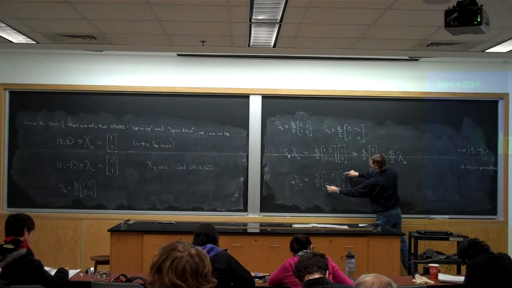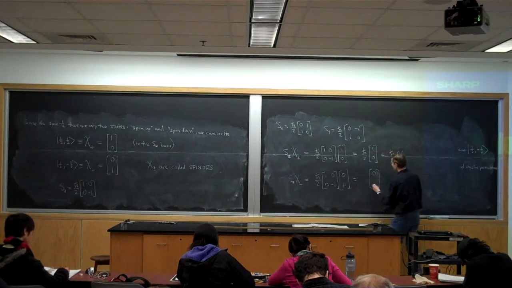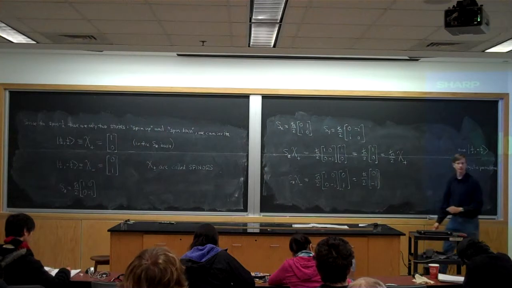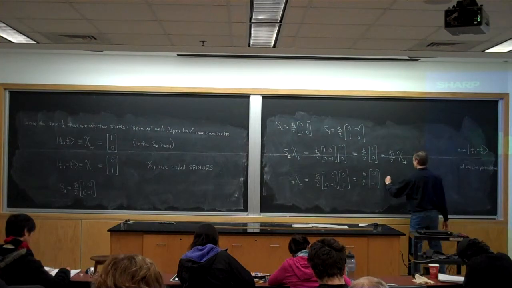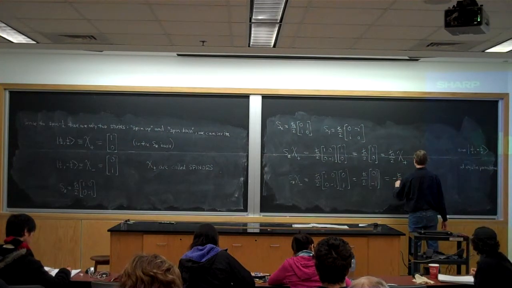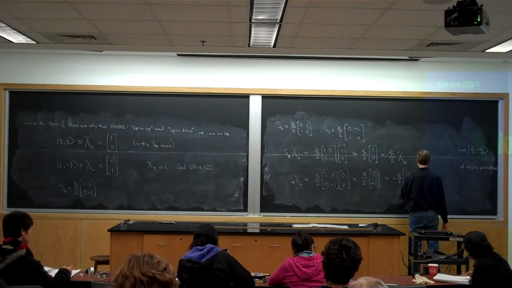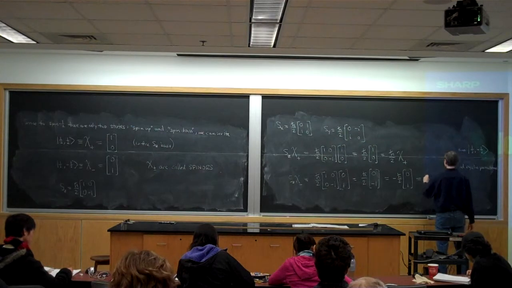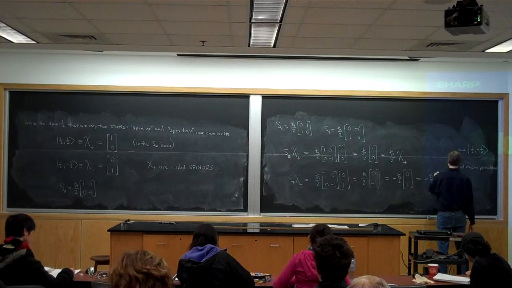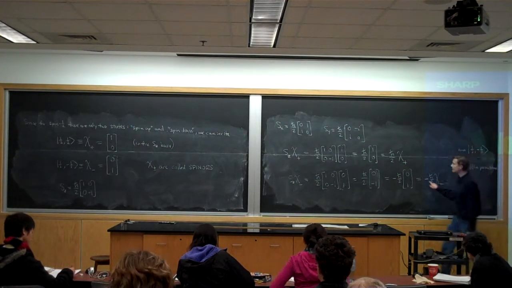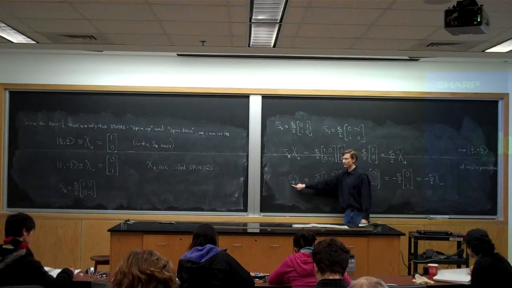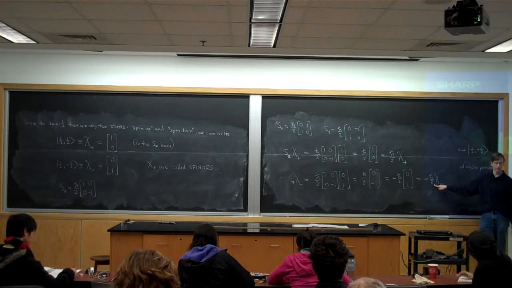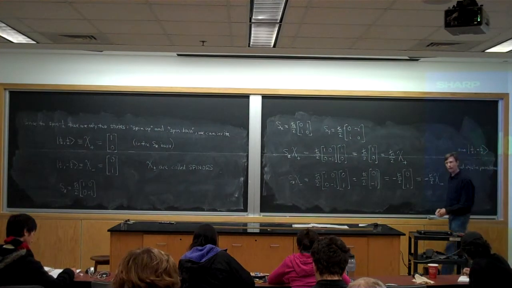The bottom component is 0 times 0 plus 1 times minus 1, or minus 1. So I get h bar over 2 times (0, -1), but that is minus h bar over 2 times (0, 1), and that is minus h bar over 2 times chi minus. So chi minus is an eigenvector of the Sz operator with eigenvalue minus h bar over 2. So this has given us what we want.